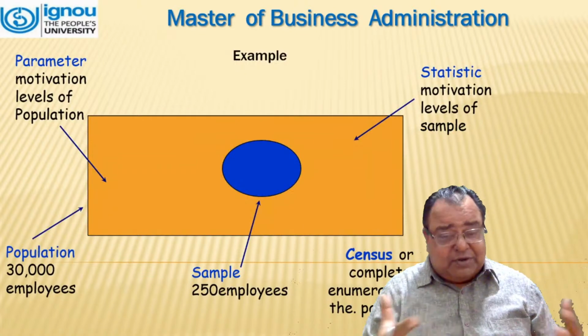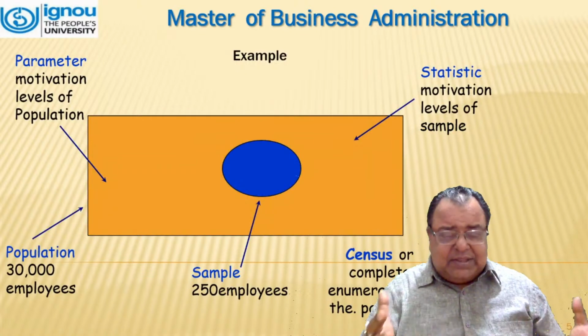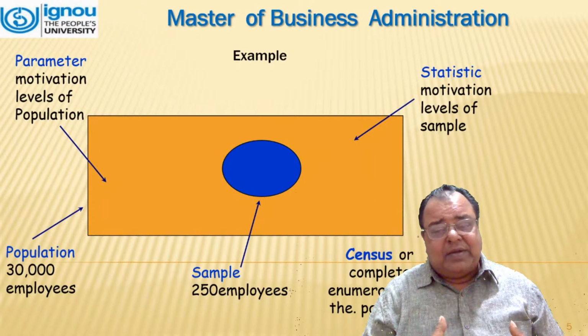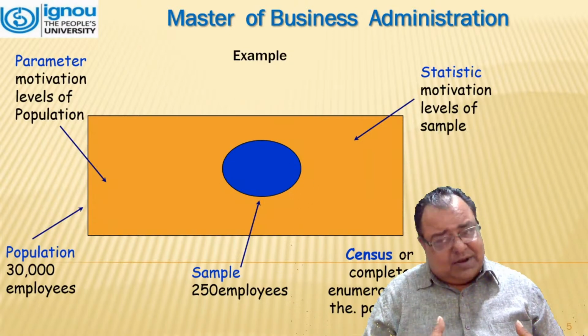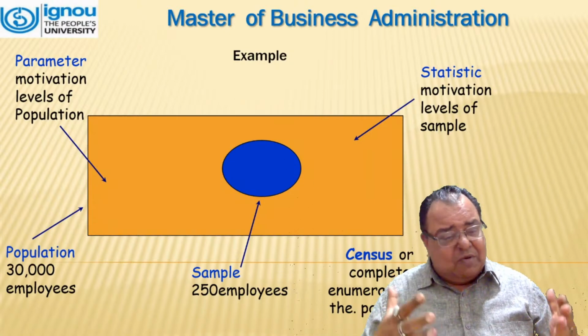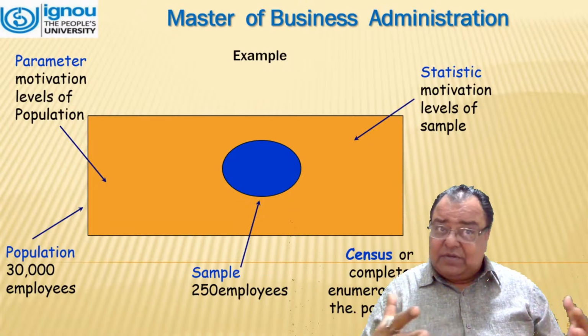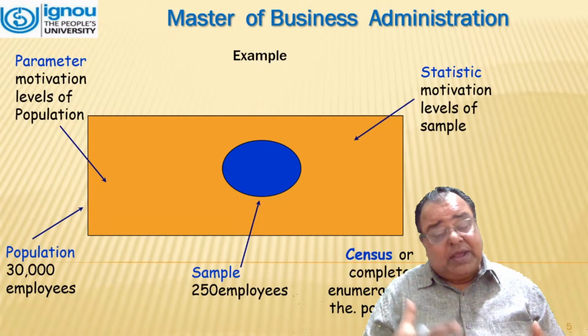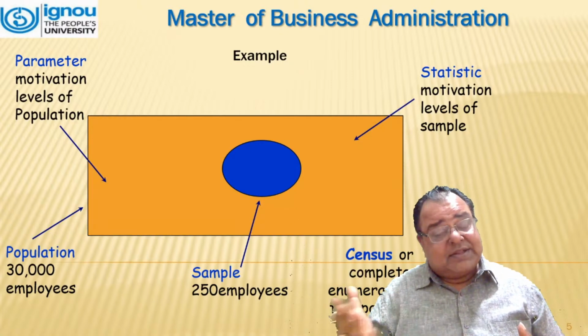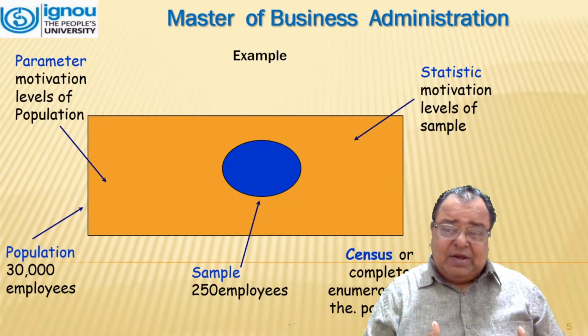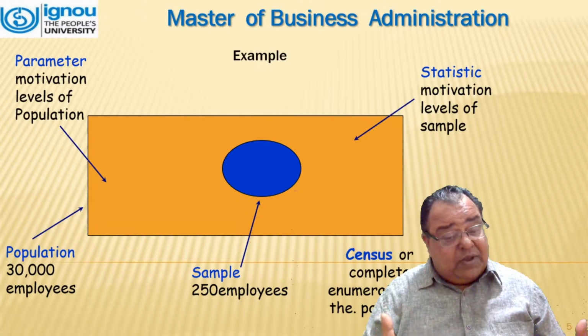Now, we'll see this diagram. We can see that there is a rectangular part which is marked with yellow color. That is the whole, if you take that rectangle, that is the population of 30,000 employees. Here what we have to study, that is the motivation level of the sample. Now, where is the sample size?